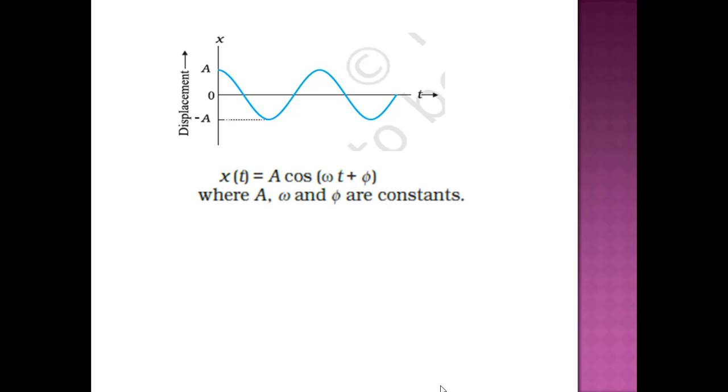So if according to the equation omega t plus phi is 0, then we get cos 0 equal to 1, or x(t) equal to A. That is why in the graph at the origin we have the maximum A. This type of graph has omega t plus phi equal to 0.